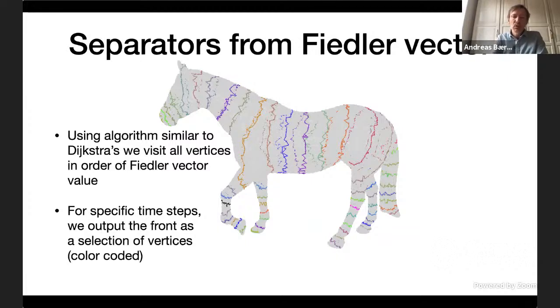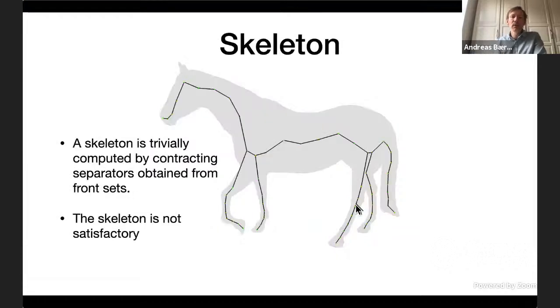Okay, so we can create a skeleton simply by contracting the colored curves. In fact, what we do is we expand them slightly to also include the closest vertices which are not on the colored curves, and then we contract them. So of course, this is neither more nor less than a simple implementation of a Reeb graph.